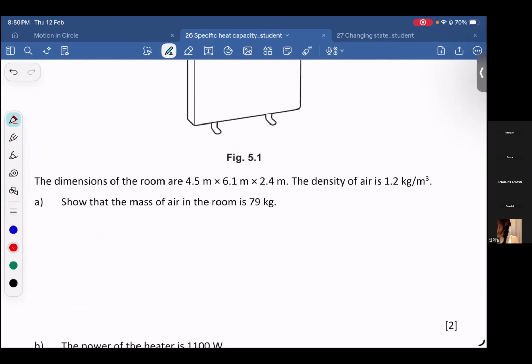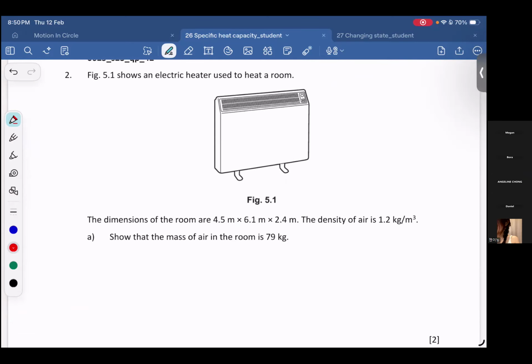Can you do the calculation? If you're able to prove that the mass of air in the room is 79 kg, then you press the reaction button, so I will know that you're able to prove it. So this one, we use a heater to heat a room. The dimension of the room is 4.5 meter times 6.1 meter times 2.4 meter. The density of air is 1.2 kg per meter cube.